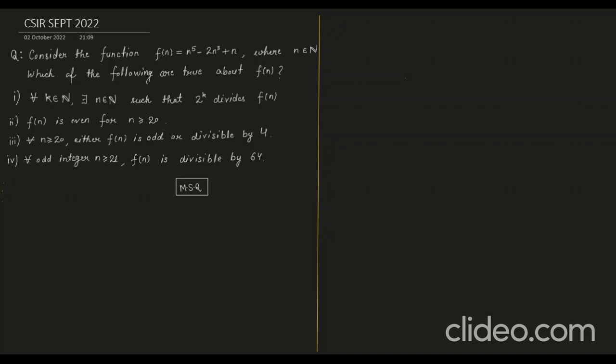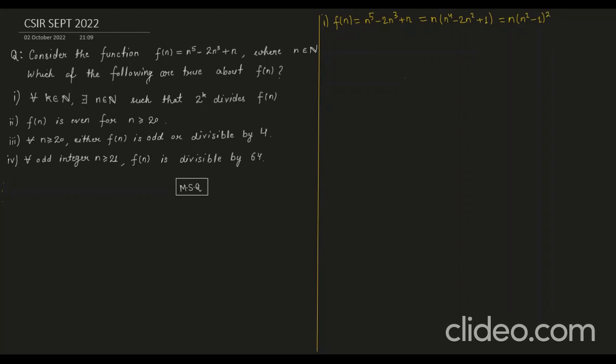So let's have a look at the solution. First, we have f(n) equals n raised to 5 minus 2n cube plus n. We can modify it a little and it will become n times n to the 4 minus 2n square plus 1, and this will also become n square minus 1 whole square, right?